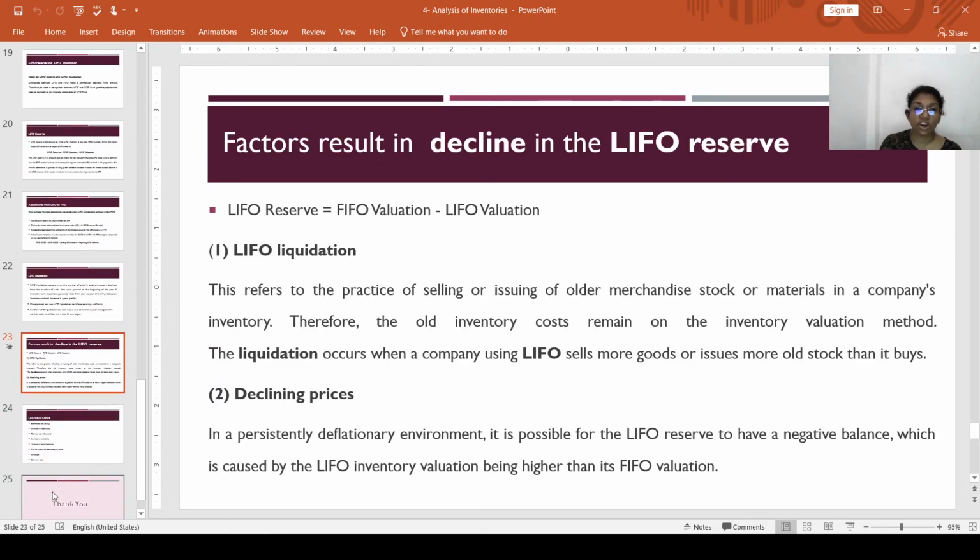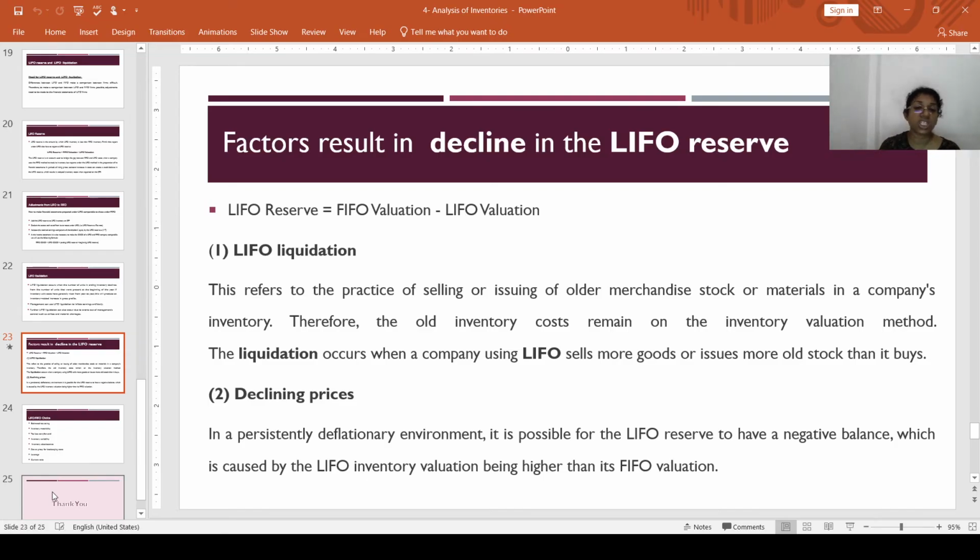So let's see what the reasons are that result in a decline in the LIFO reserve. The first one is LIFO liquidation. As I mentioned earlier, this is the practice of selling or issuing the older merchandise stocks or materials in the company inventory. Therefore, the old inventory cost remains in the inventory valuation method.